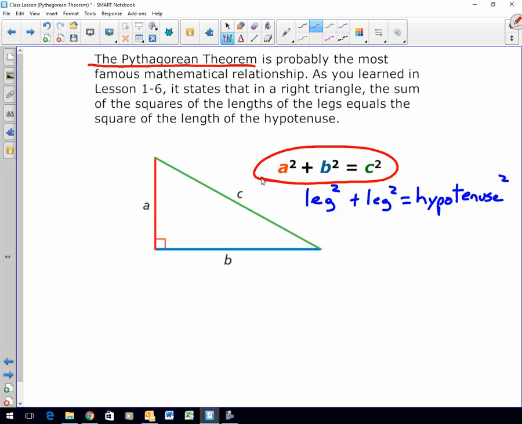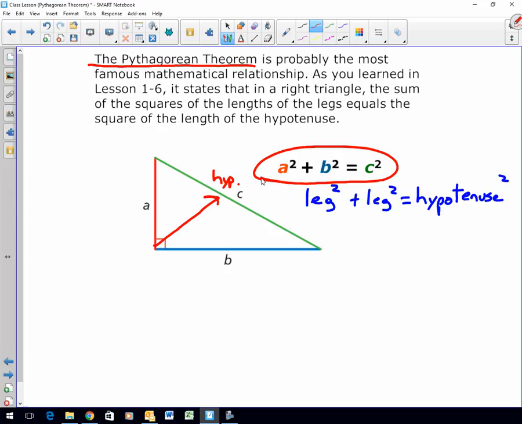I start in my right angle and go opposite of it. This is my hypotenuse. If I start in the right angle and go opposite of the right angle, that's my hypotenuse. The longest side is the hypotenuse. Absolutely. Sometimes though, you really can't look at a triangle and tell the difference between 5 and 4.